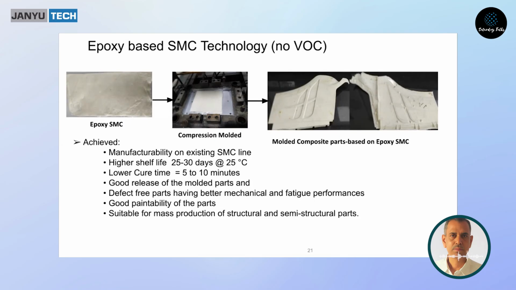But when you require the performance, this system, particularly the epoxy-based SMC technology, has become very popular in European countries, and I understand in China also for this epoxy-based SMC. So when we manufacture SMC, why is unsaturated polyester so popular for SMC application?